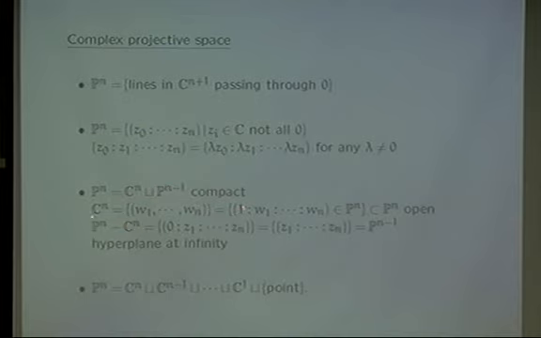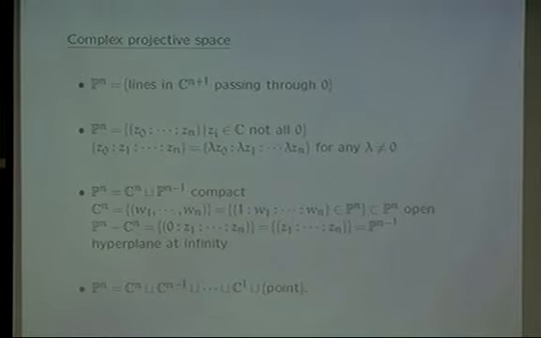So why do we have this decomposition? Because Cn can be thought of as a subset of Pn, an open subset, by this identification. If you have n complex numbers W1, W2, ..., Wn, then you can associate this point (1, W1, ..., Wn) in Pn. This is an n plus 1 tuple of complex numbers, not all 0.